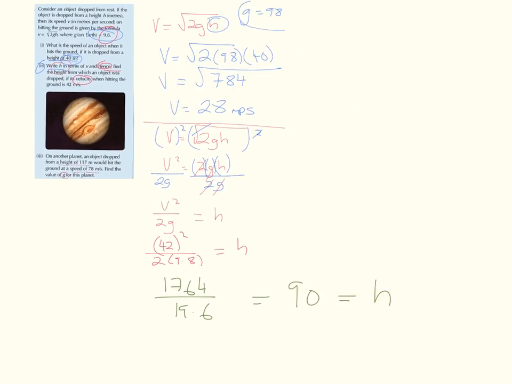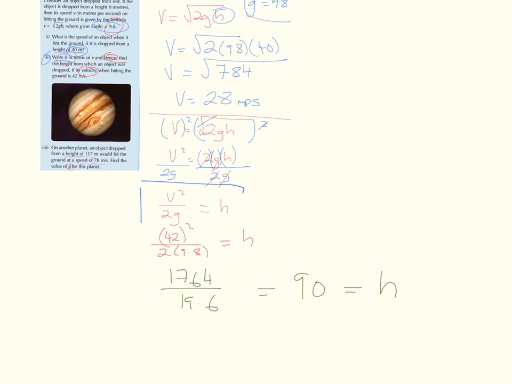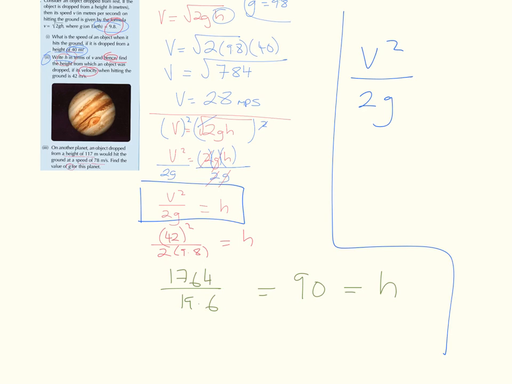We'll use the term that we've just written down. Okay. And so we know h equals v squared over 2g. We now know that h is 117. We know that the speed is 78, so it's going to be 78 squared, all divided by 2g. And we're going to solve for g essentially here.